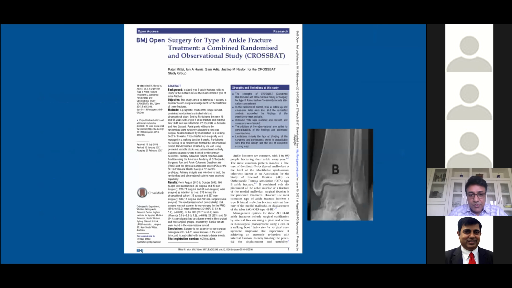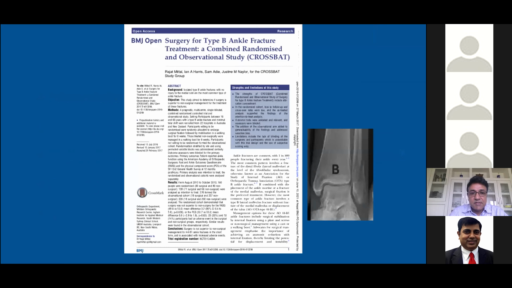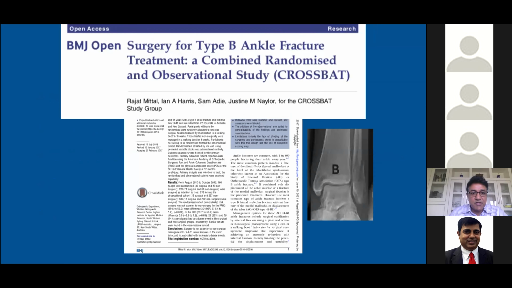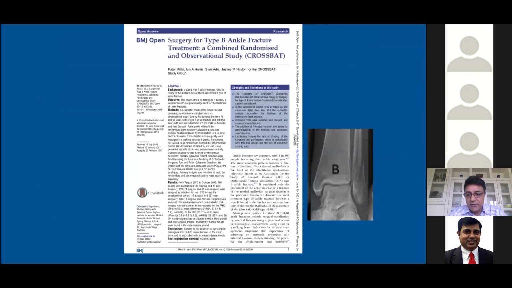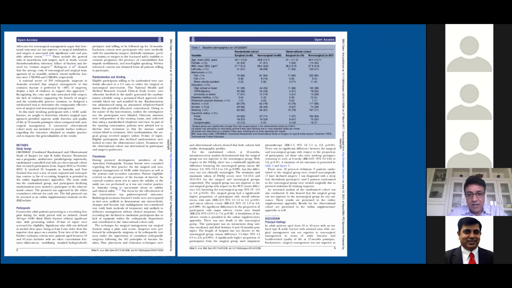And let's go to some examples of articles. This is an article published in the British Medical Journal. The title is Surgery for Type B Ankle Fracture Treatment. This is the type B fracture of the ankle, lateral malleolus fracture.